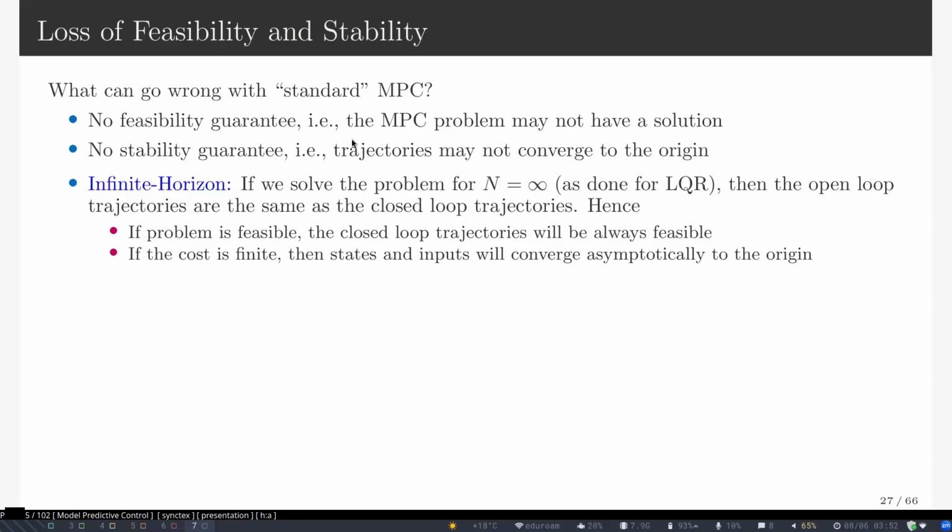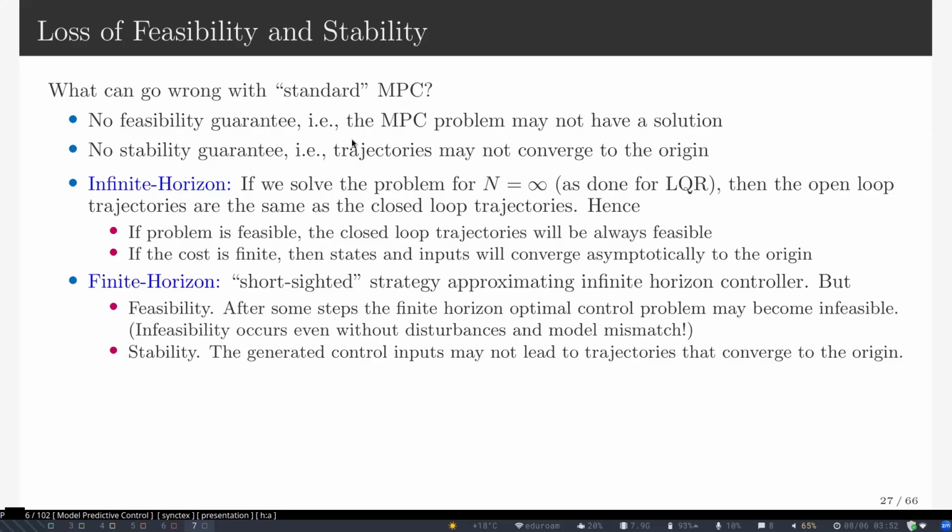If the problem is feasible, then closed-loop trajectories will be feasible. If the cost is finite, then the states will converge. The finite horizon is short-sighted and tries to approximate that infinite horizon. But then, as I said, after some step we might not be able to come up with feasible trajectories, and we might not be stable.